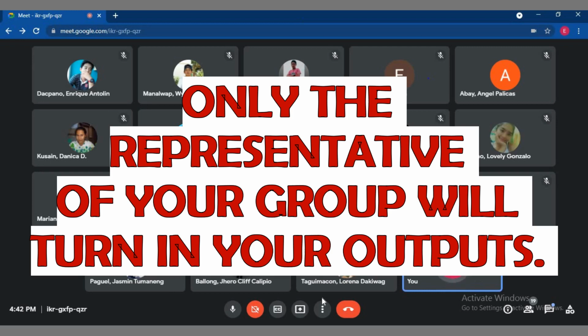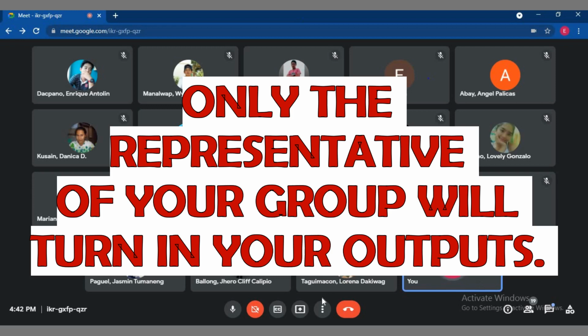While I was checking in your previous activities, i-open ko dyan may isang file, tapos i-open ko ulit dyan may isa pa. So, it takes time. So, loading pa lang. Now, to lessen time, pwede po ba isa lang ang mag-turn in or magsasubmit ng mga activities?